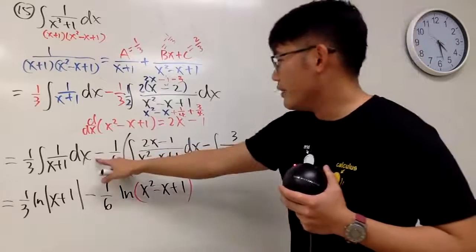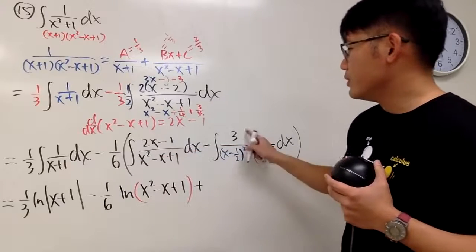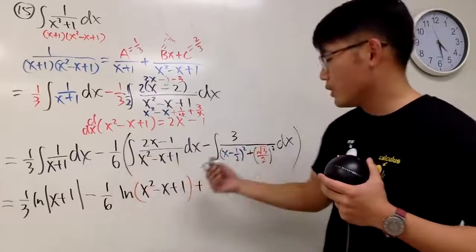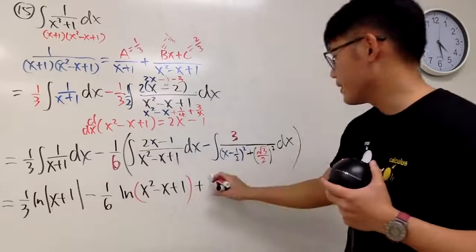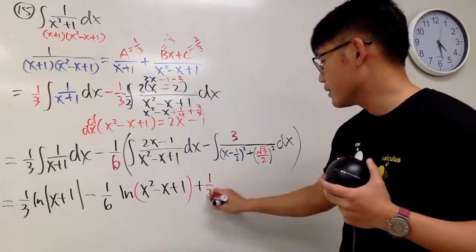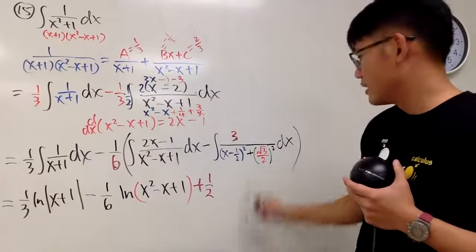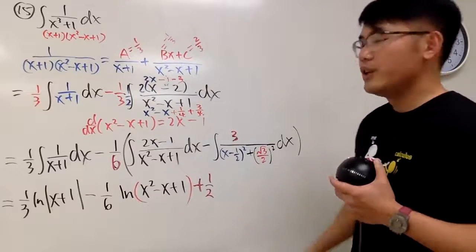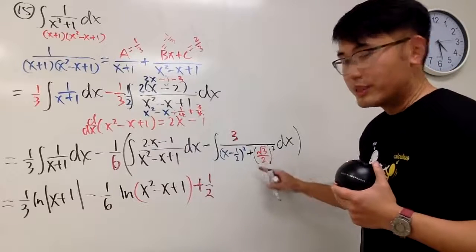Now, negative times negative will give us positive. And then 3 over 6 is 1/2, okay? So this is 3 over 6. That's how we get 1/2, okay? And of course, negative times negative positive. Here is a small trouble part. You're going to end up with the inverse tangent part. So you are going to do the reciprocal of this first.